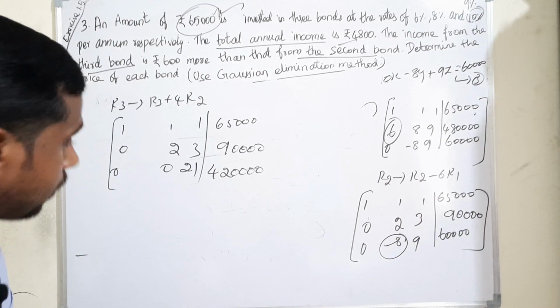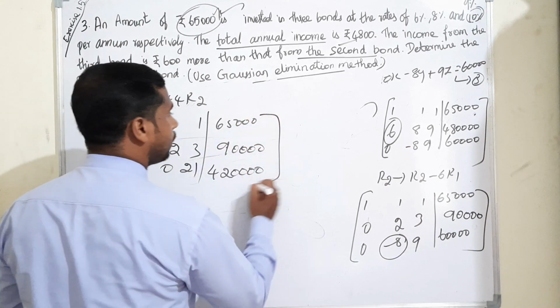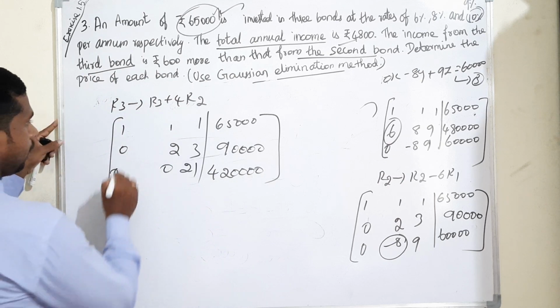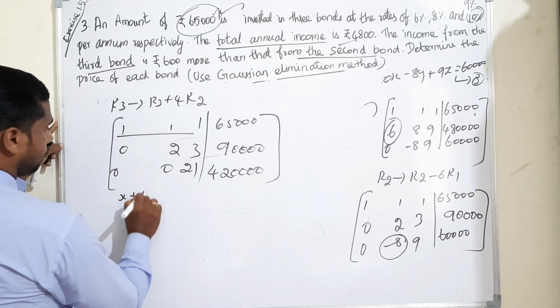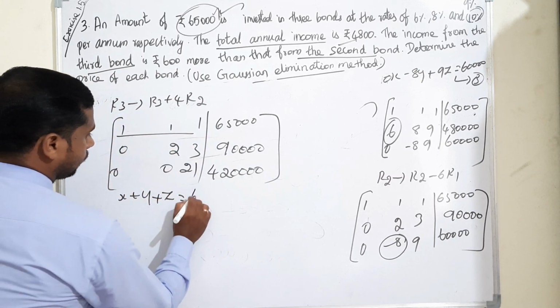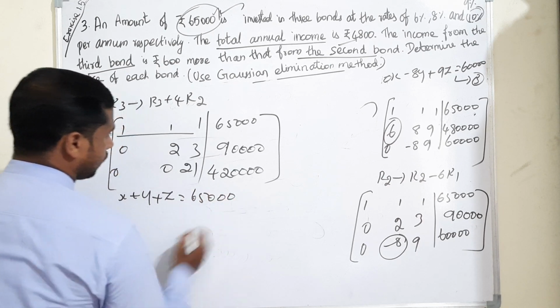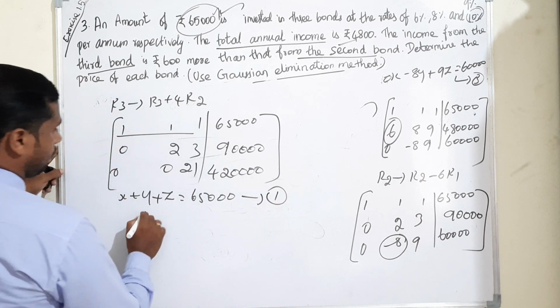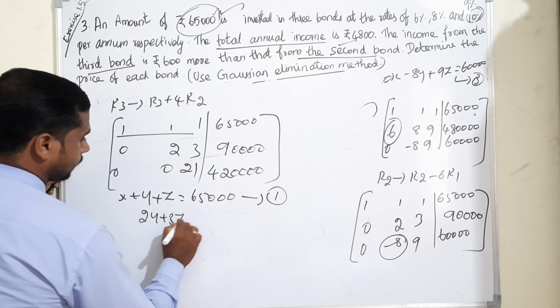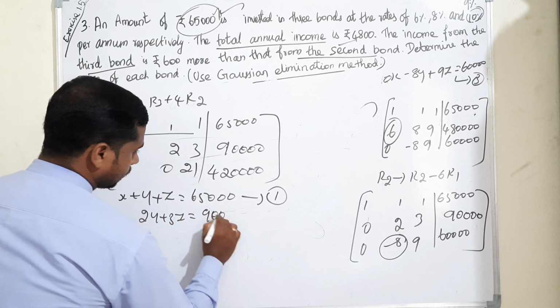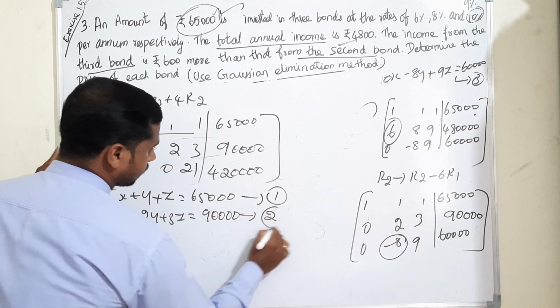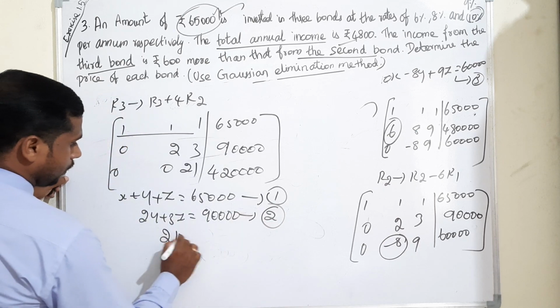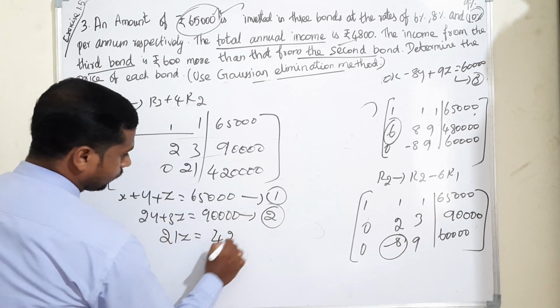Now write each and every equation in echelon form, that is the Gaussian form. First condition: x plus y plus z is equal to 65,000. Consider this equation number 1. Then 2y plus 3z is equal to 90,000. Consider this equation number 2. 21z is equal to 420,000.